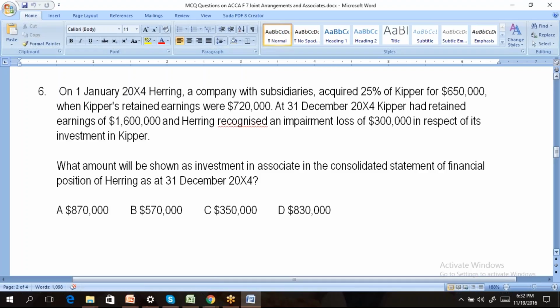Impairment is on the investment, so the impairment would be on the 650. Correct. Should I do all the calculations and then take the impairment off? Yes, do all the other calculations and do the impairment last. Okay, plus 1,650.